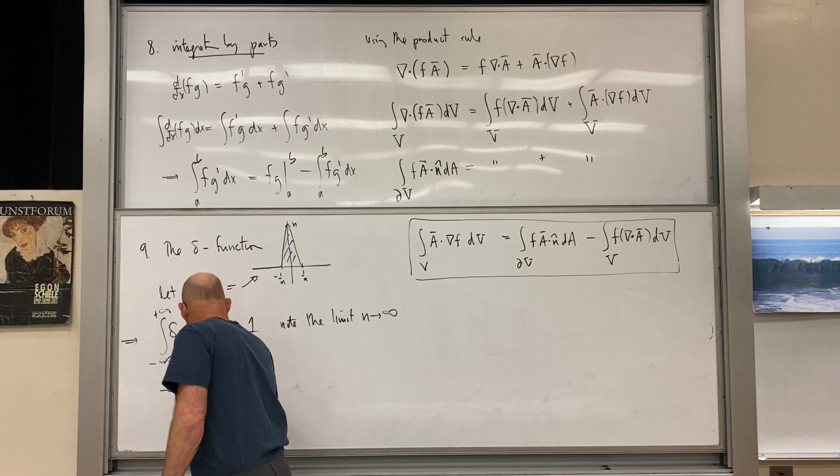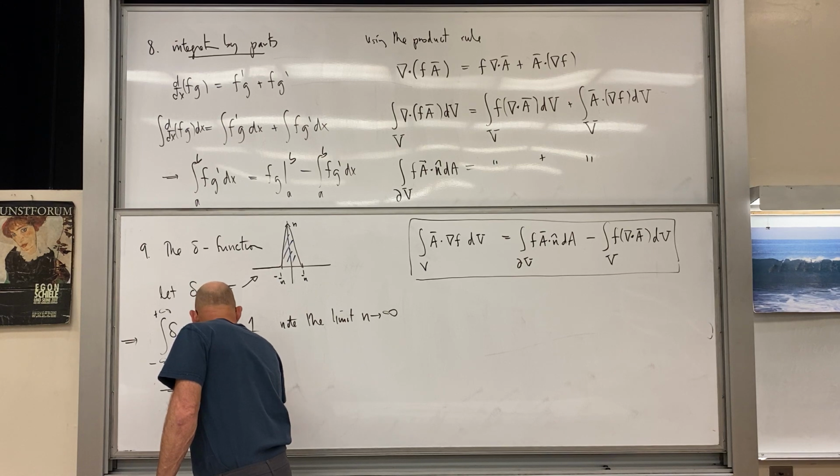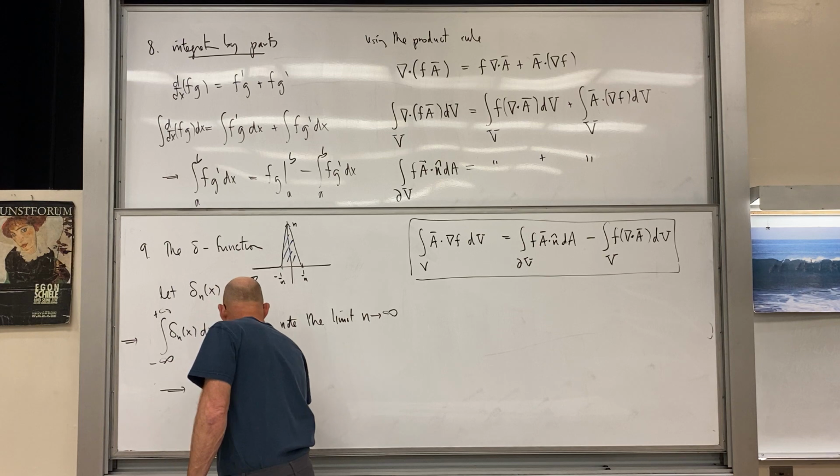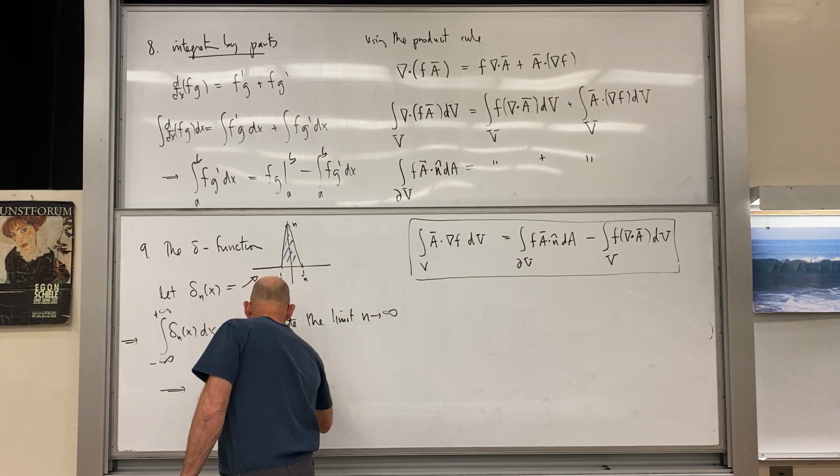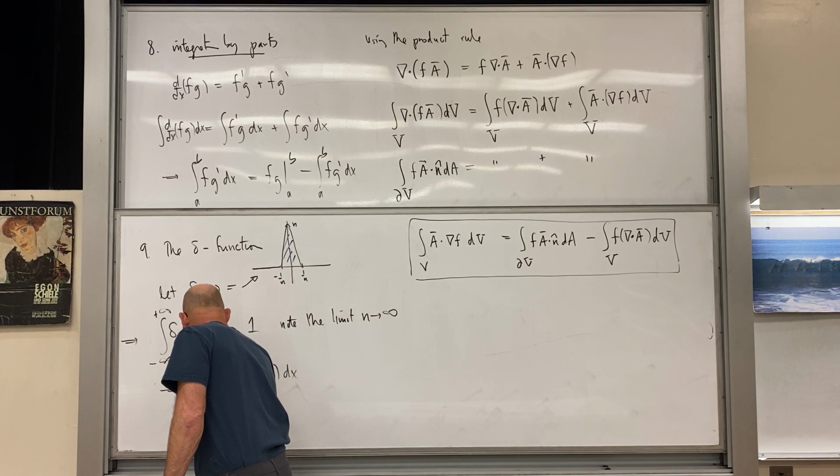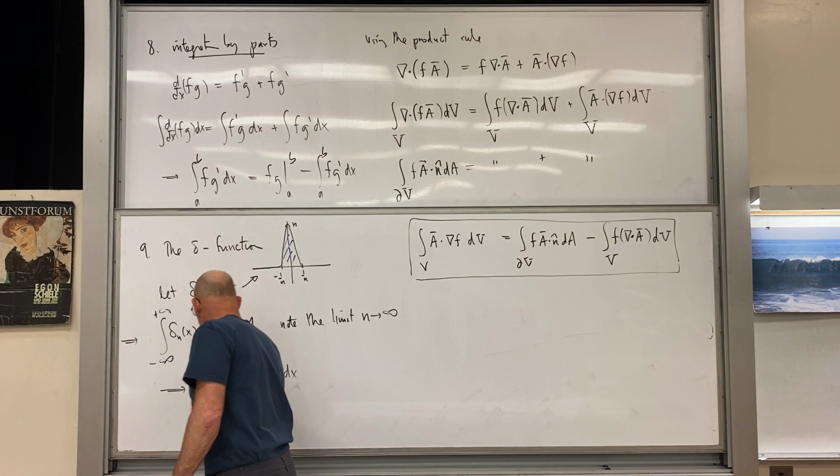What that allows us to do is formally define a delta function like this. We have the integral of f of x delta of x minus a dx over the entire real axis for simplicity.